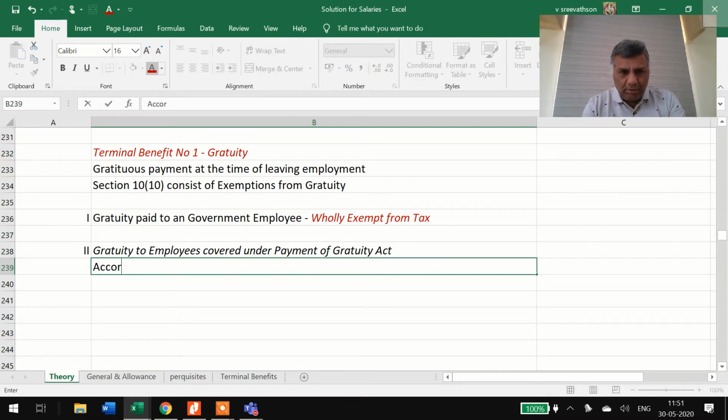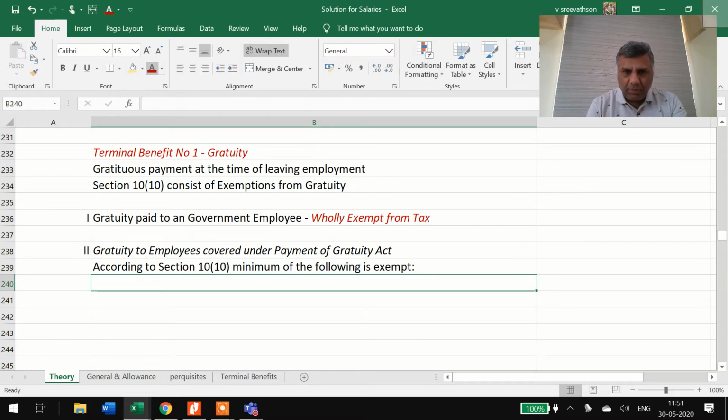According to section 10(10), minimum of the following, whichever is less, is exempt.